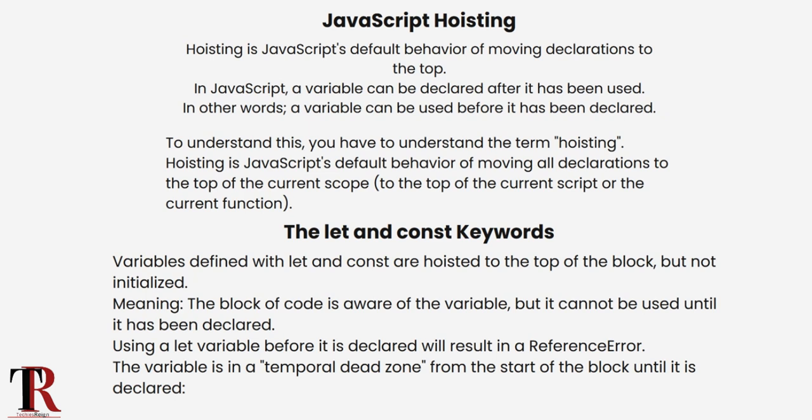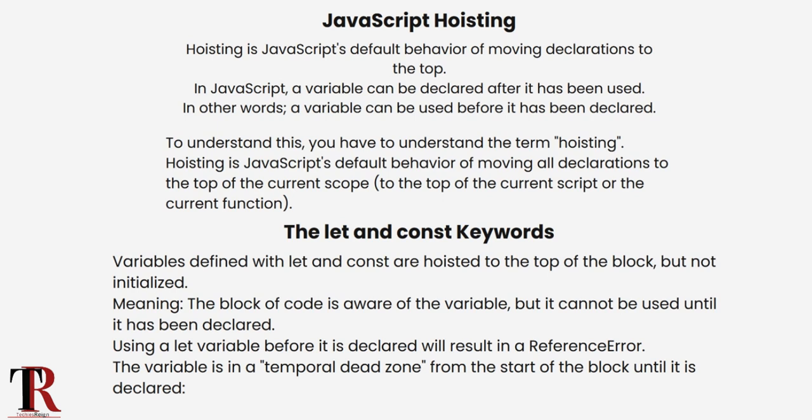The let and const keywords are also going to be something we have another lesson on. Variables defined with let and const are hoisted to the top of the block, but not initialized. This means they are moved to the top of the block, but you cannot use them unless declared.